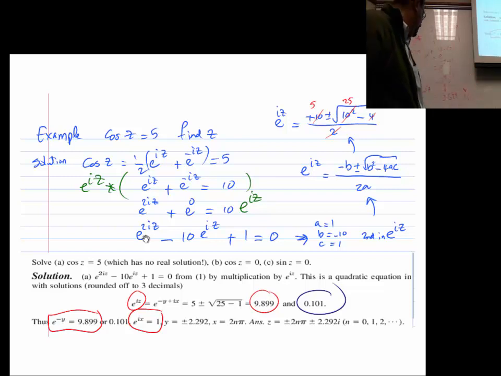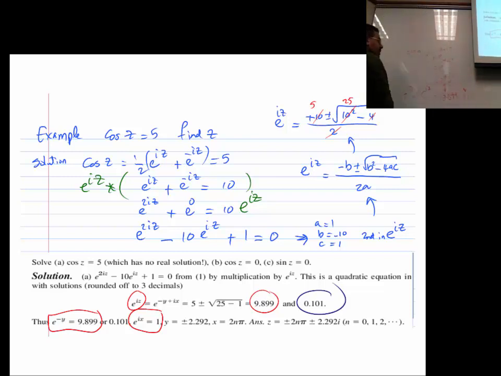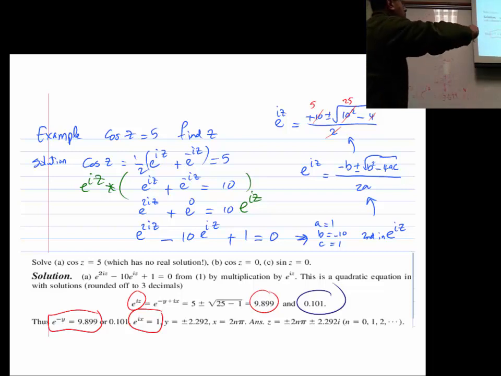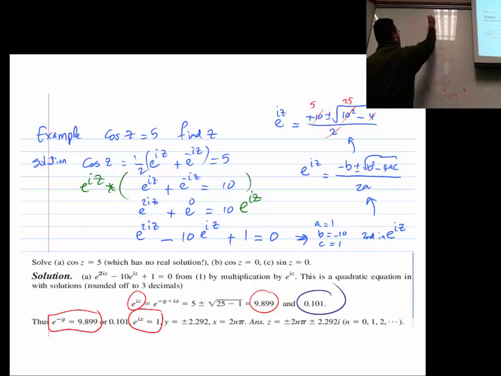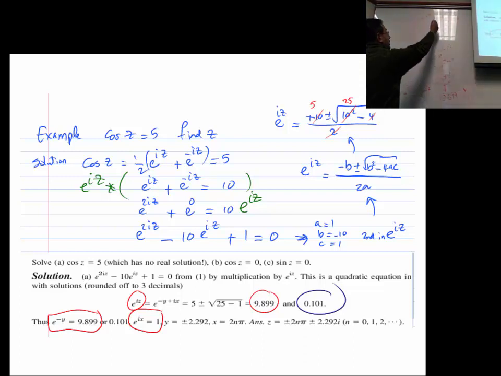I can write this equation, which we finished with here in blue, as e to power iz squared minus 10 e to power iz plus 1 equals 0. It's quadratic in this thing.